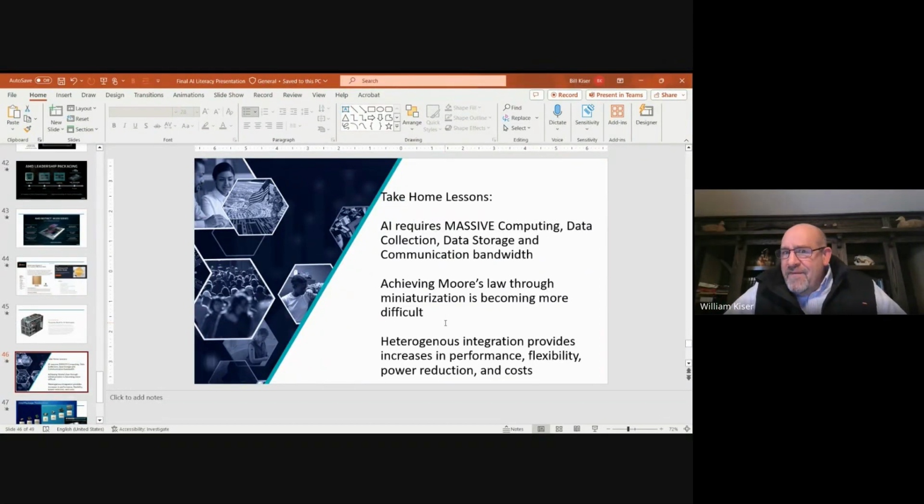But maybe you don't have to go smaller, because I showed you those massive bumps with Foveros and chip on wafer on substrate. Heterogeneous integration provides increases in performance, flexibility, power, and cost. So this is how this all fits together. This is why we're starting to see this amazing revolution in AI, because now the hardware exists to support it.